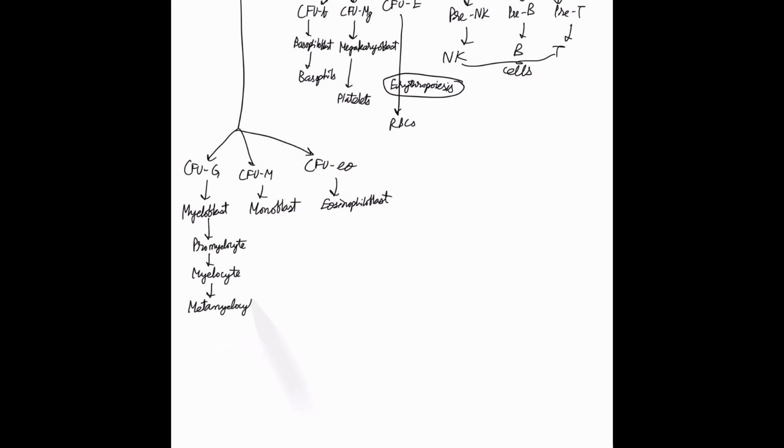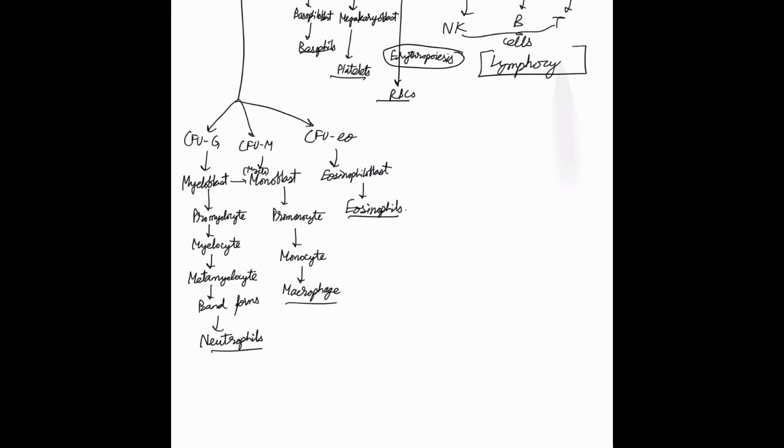The myeloblast differentiates into promyelocyte, a myelocyte, then a metamyelocyte, and then finally band forms which form neutrophils. Myeloblasts can also transform into myelomonoblasts, which can form promonocytes, monocytes, and then macrophages. And then eosinophiloblasts, of course, give rise to eosinophils.